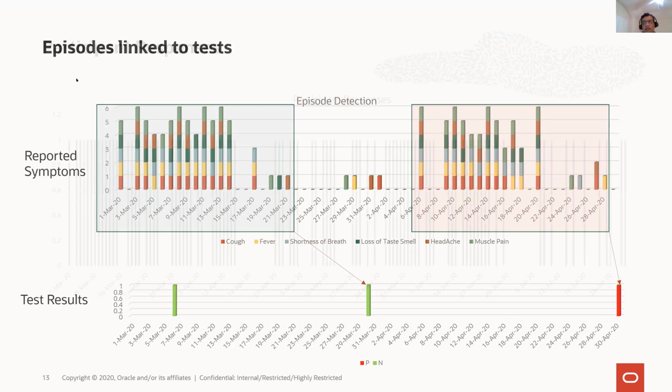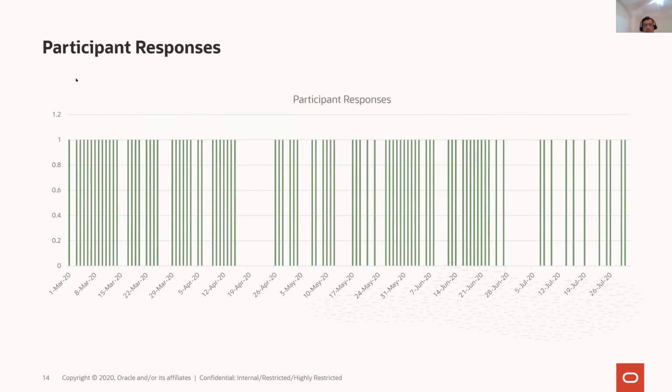For example, here, each one represents a report on that day from a participant, and 0 is a missing report. It was again very hard to make sense out of this kind of data for tens of thousands of participants with millions of records.